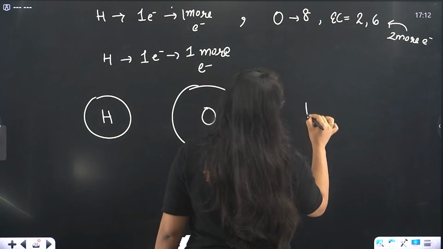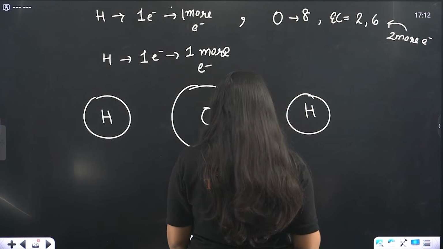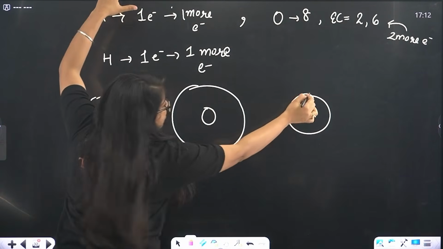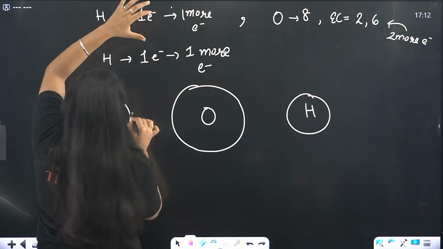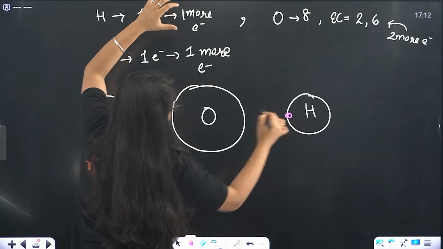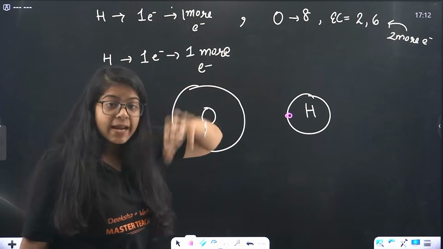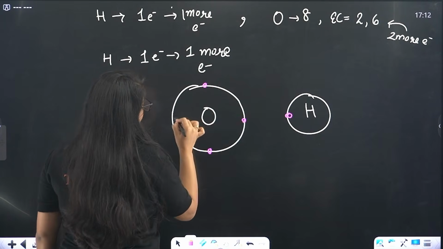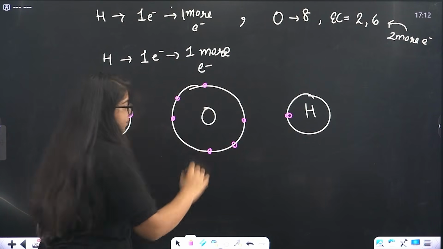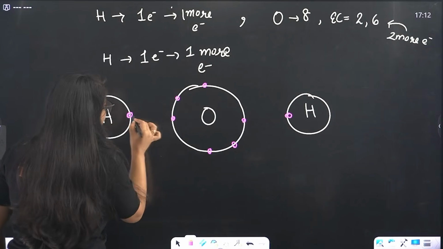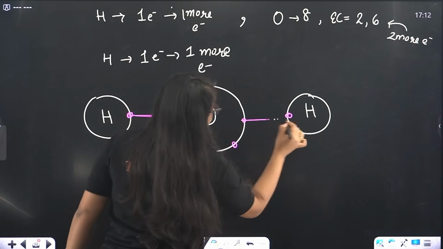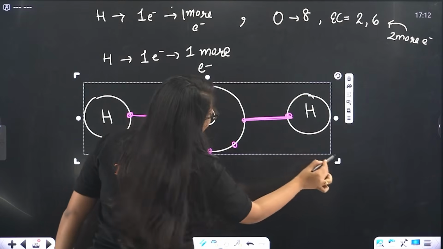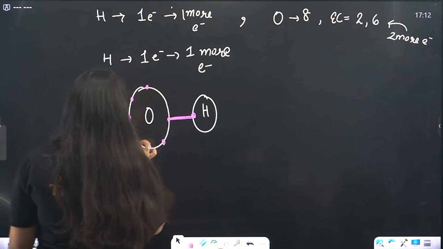Each hydrogen has 1 electron in its valence shell. Oxygen has 6 electrons: 1, 2, 3, 4, 5, 6. Now each hydrogen will share its 1 electron with oxygen, and oxygen will share 1 electron with each hydrogen, making covalent bonds.